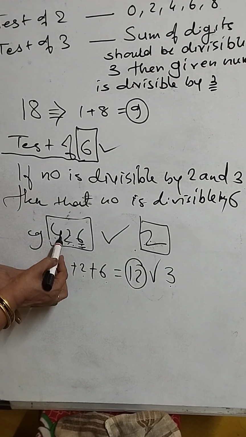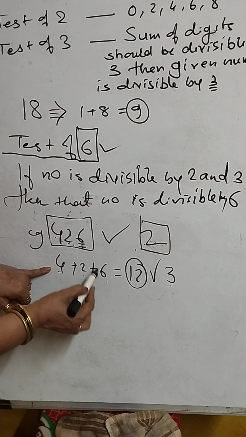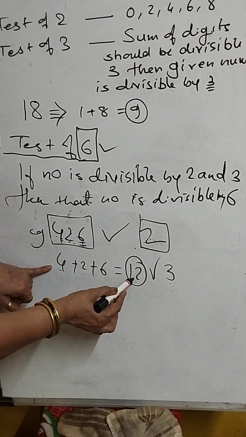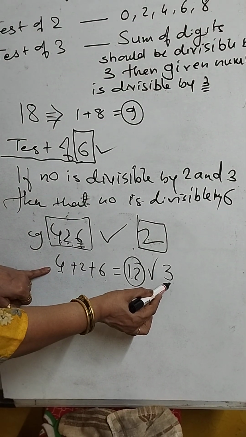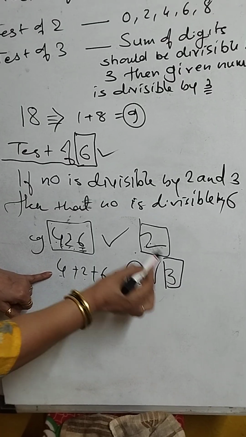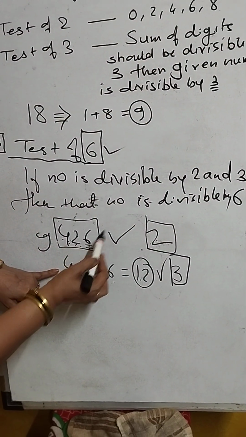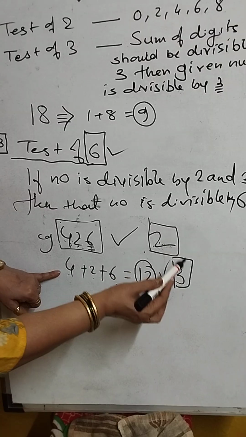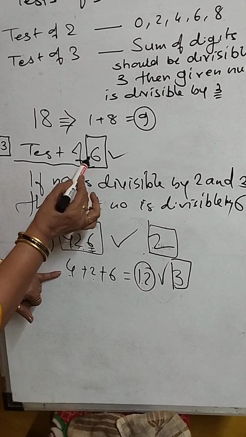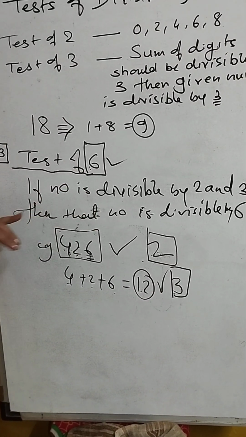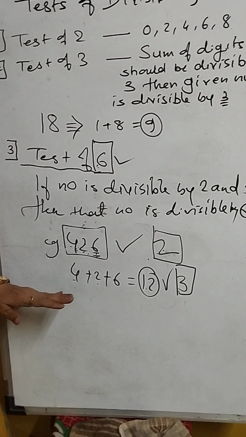The total of the digits, 4 plus 2 plus 6, is 12, divisible by 3. So, as 426 is divisible by 2 as well as by 3, it is divisible by 6. Is it clear?